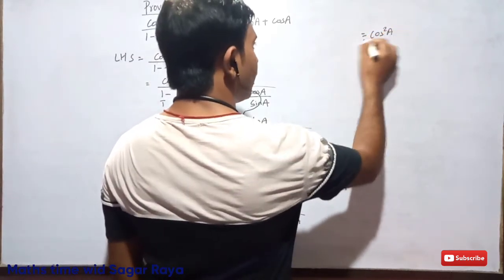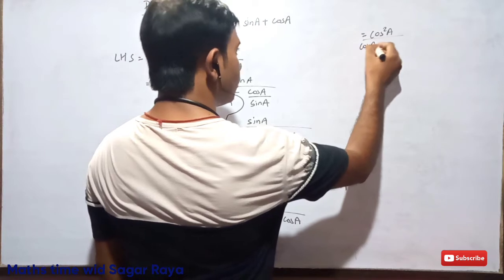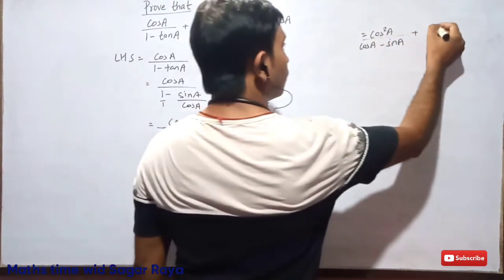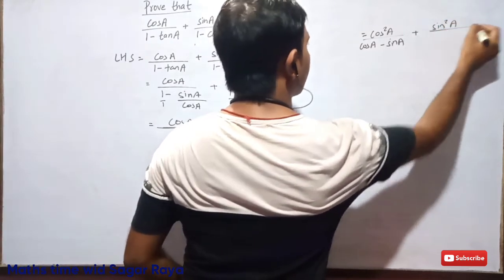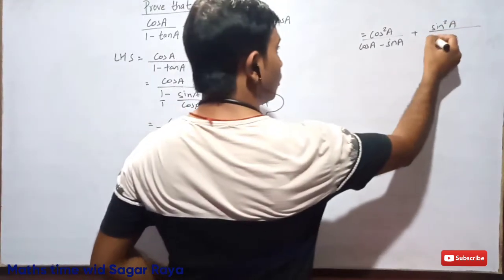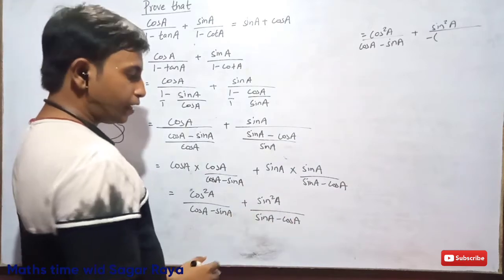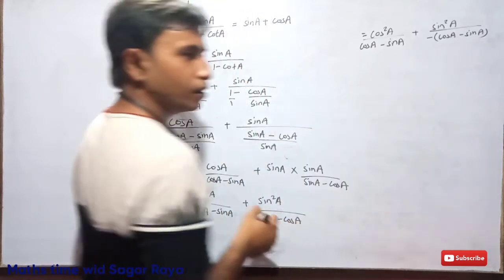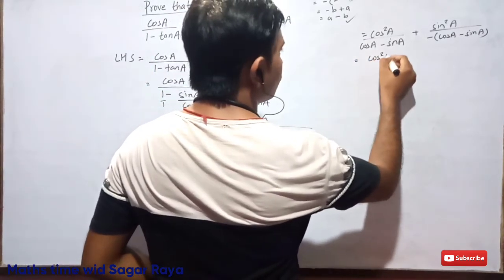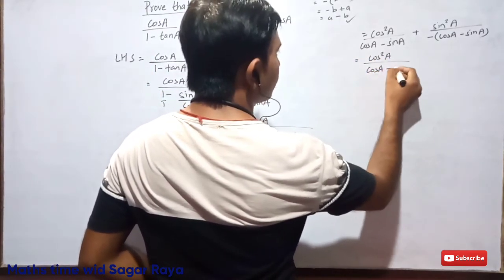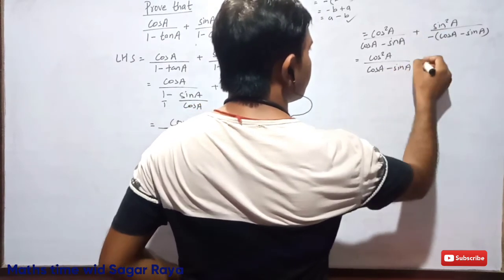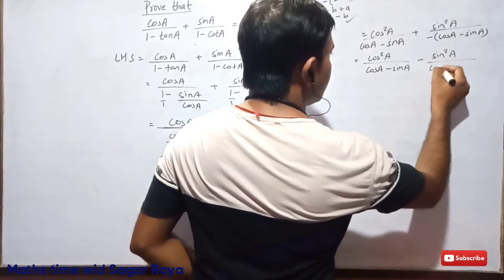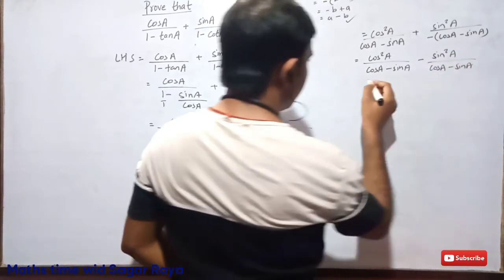So cos square A divided by cos A minus sin A, plus, taking minus common, instead of sin A minus cos A I can write cos A minus sin A. So minus and plus becomes minus: sin square A divided by cos A minus sin A.